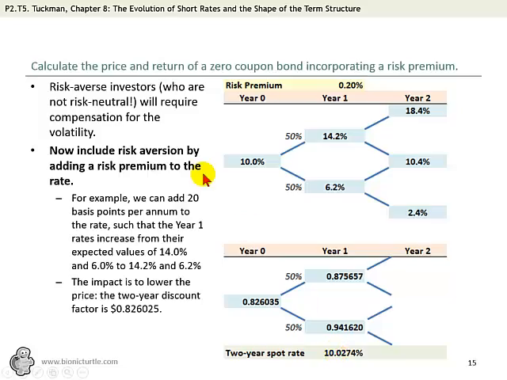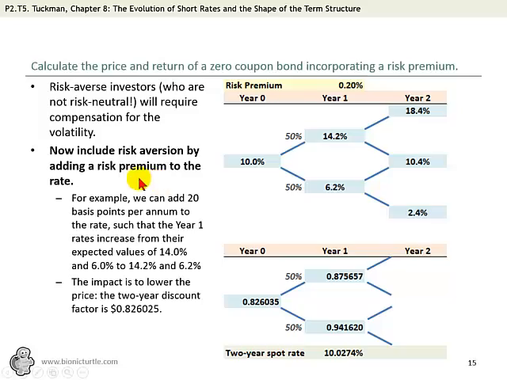Then we added the volatility in the form of the binomial tree that investors agreed on. And then finally, that third is to assume that the investors are risk averse and they require some compensation for the volatility.